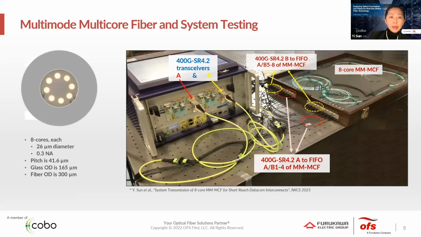And here shows a multi-mode multi-core fiber, 8 cores arranged in a circular arrangement. And we carried out the system transmission experiment using commercial 400G SR4.2 transceivers, and the fiber was in a multi-core fiber assembly. That means the fiber was spliced to fan out, and aggregated 800 gigabits per second.